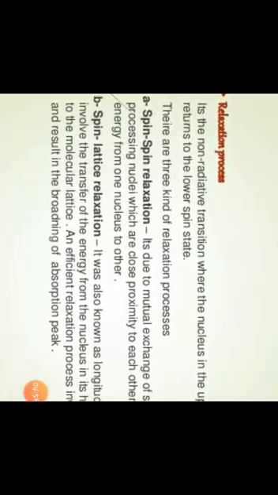Relaxation process. In non-radioactive transition, the nucleus in NMR returns from the excited state to the lower spin state. There are three kinds of relaxation process. A. Spin-spin relaxation. It is due to mutual exchange of spin by two precessing nuclei in close proximity to each other.